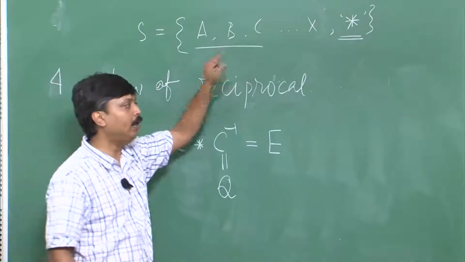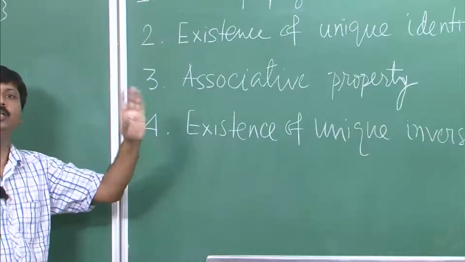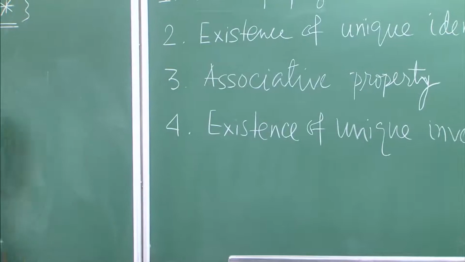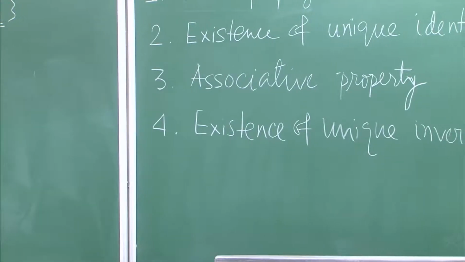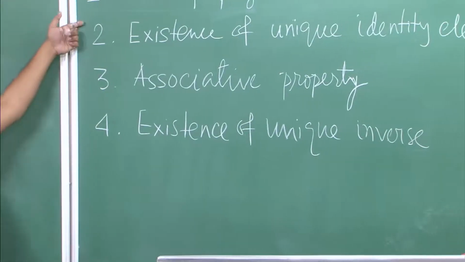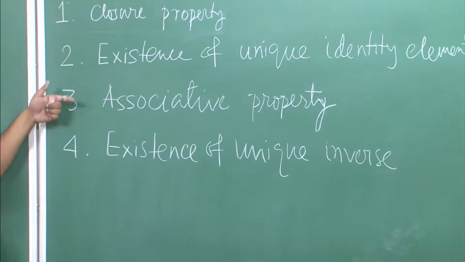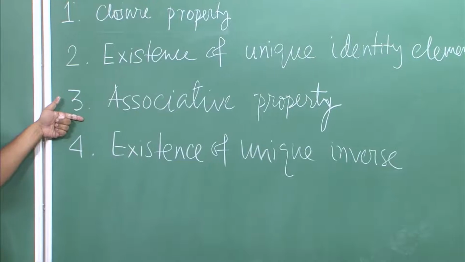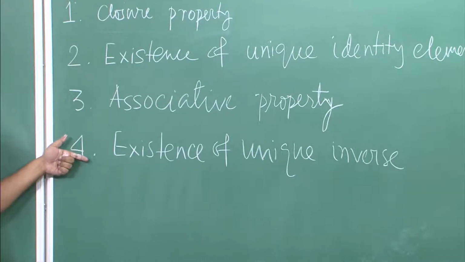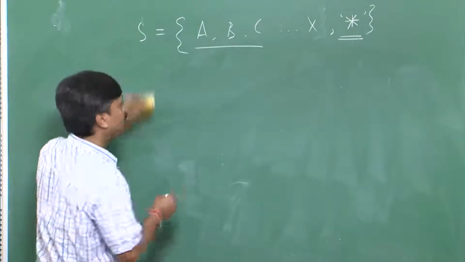So then I will say that all the elements of the set have their own unique inverse. So once I check all these properties, the rule 1 closure property, if it has an identity element in the set, if the elements of the set follow associative law, and if there is a unique inverse for each and every element of the set, then I can call this set a group.